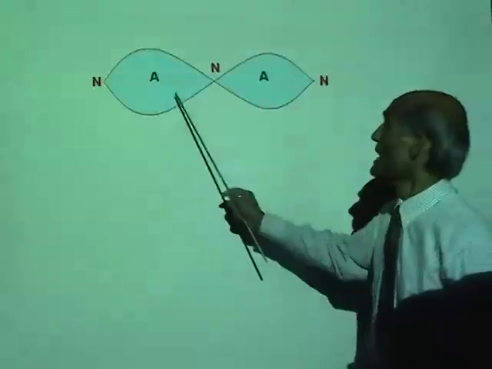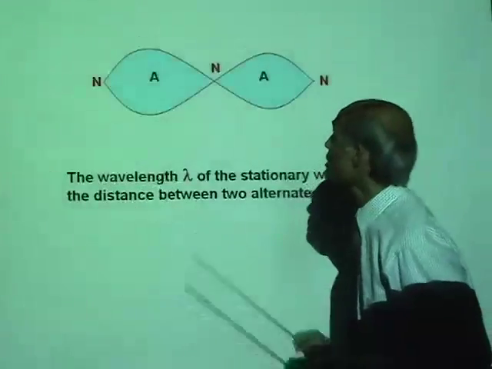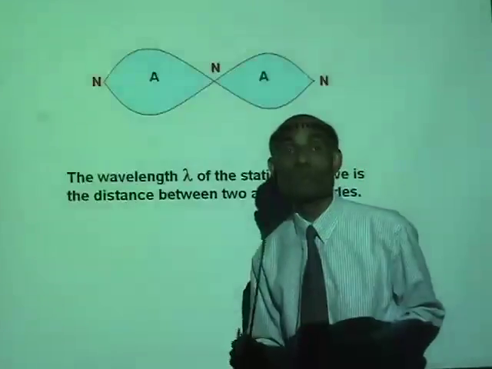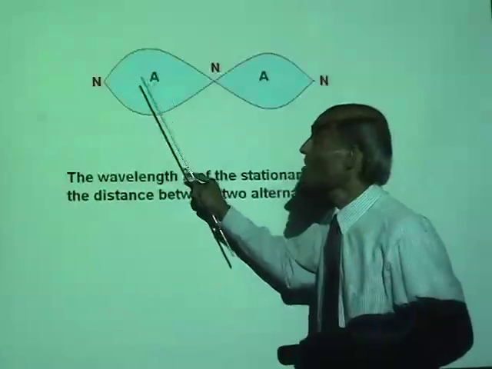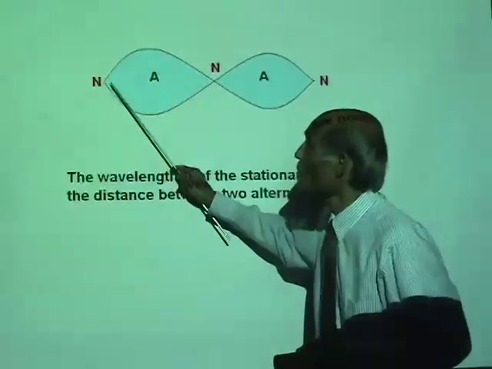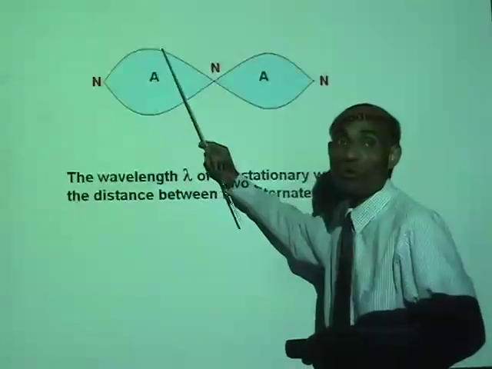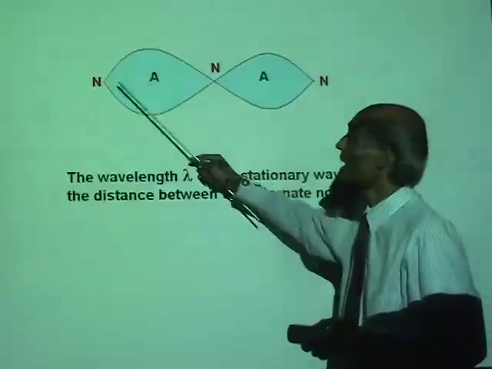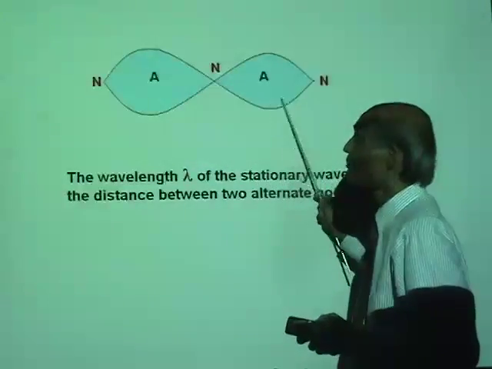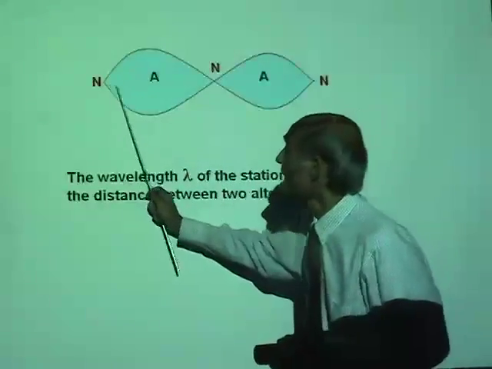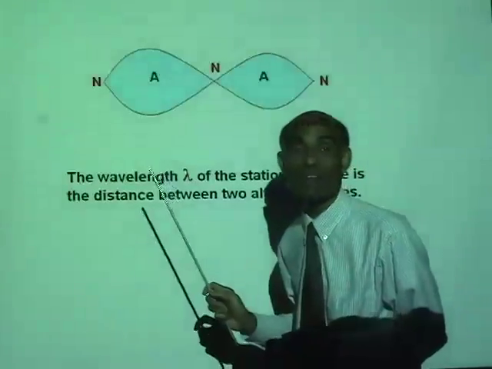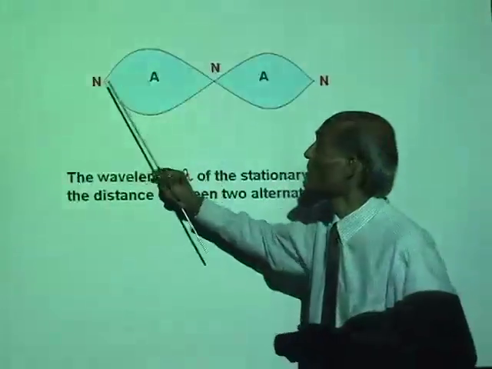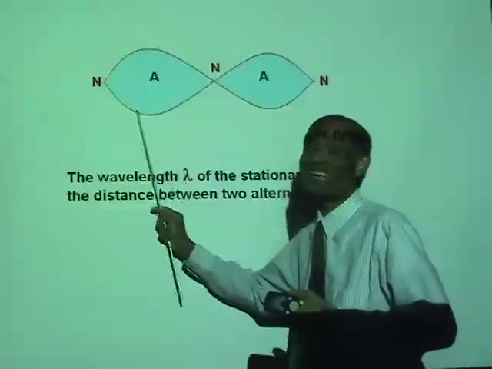Okay. Now, the wavelength of a stationary wave. In the last lesson we talked about the wavelength. You know that the wavelength of a wave contains a full crest and a full trough. In the case of a stationary wave, it produces segments. This is a segment.